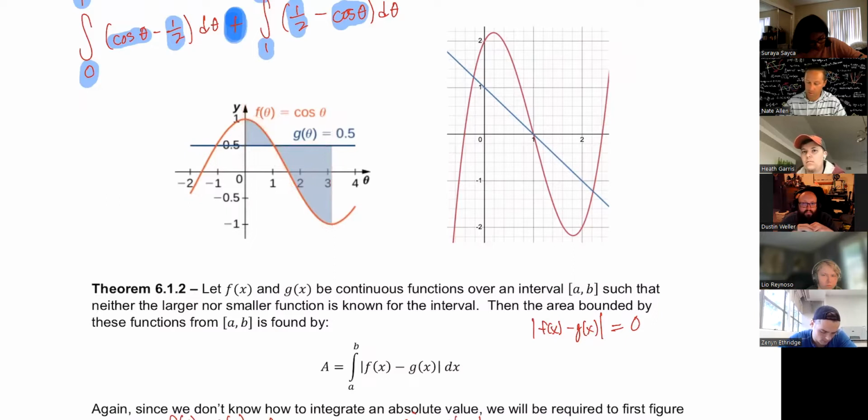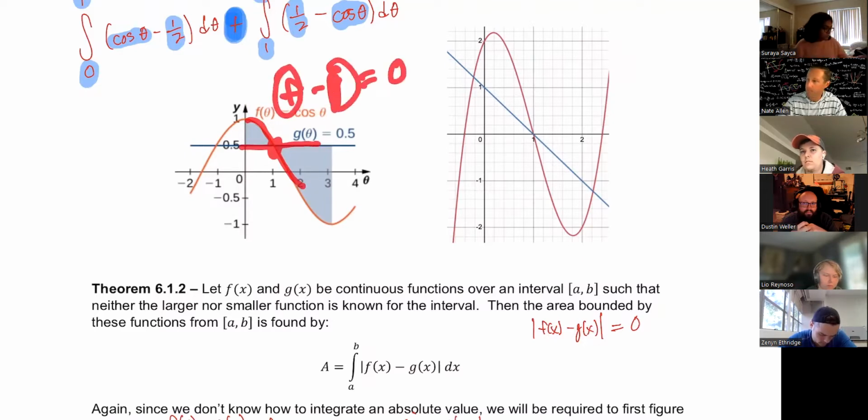Okay, we're going to find where they are the same within our interval. That is where it will equal 0. Right? Because the f of x and the g of x are the same at that point. So if you subtract f and g, you will get 0 because they are the same. That's what this is finding.